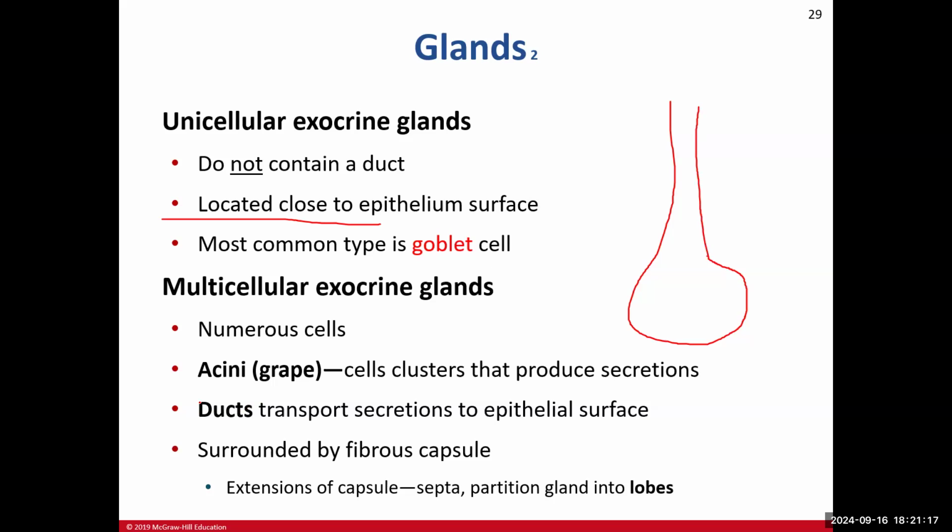And so the expanded area is called the acini. That's going to be the secretory portion. And then you have that tube-like structure, that's the duct. And that's what we call the conducting portion. That's going to conduct the secretions from the secretory portion out to the surface of that epithelium, if we're talking about like a sweat gland or whatnot.